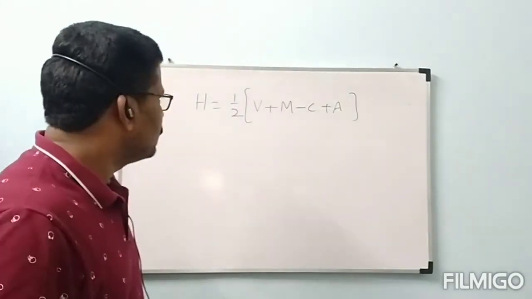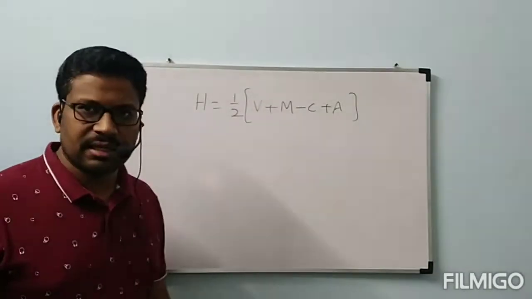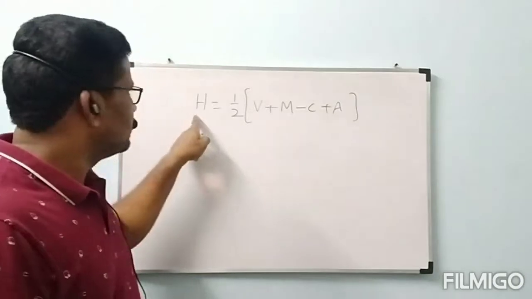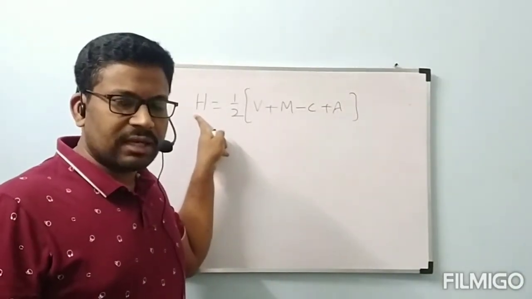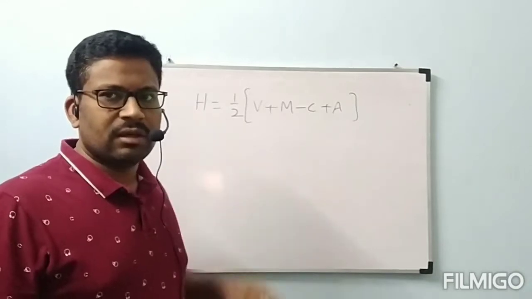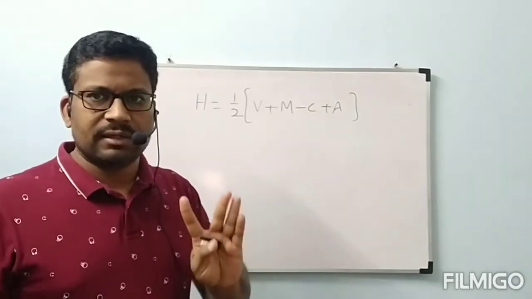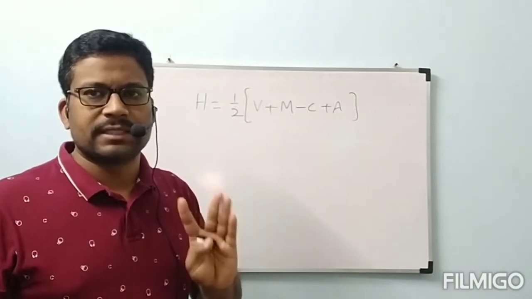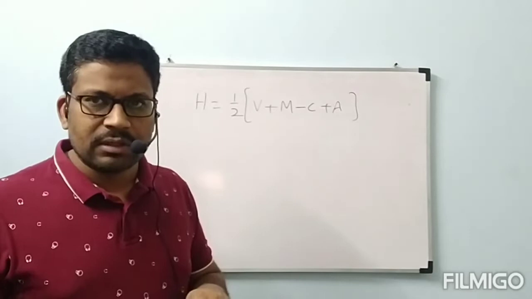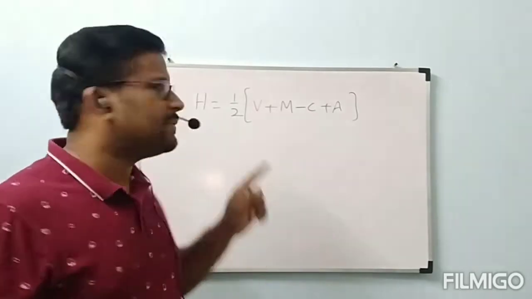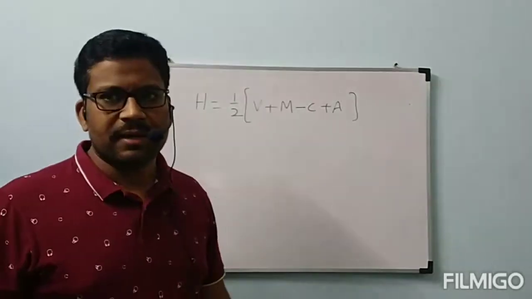Capital H is equal to half into V plus M minus C plus A. If H is 2, sp hybridization. If you get 3, sp2. If you get 4, sp3. Next, 5, sp3d. 6, sp3d2. 7, sp3d3. Like that, depending on the H value, we can say the hybridization.